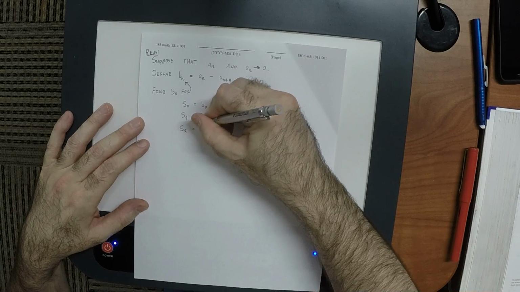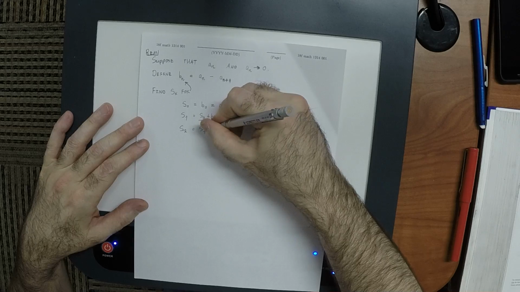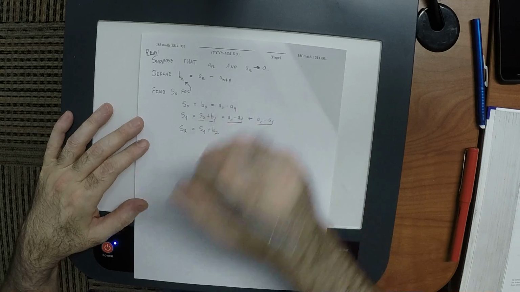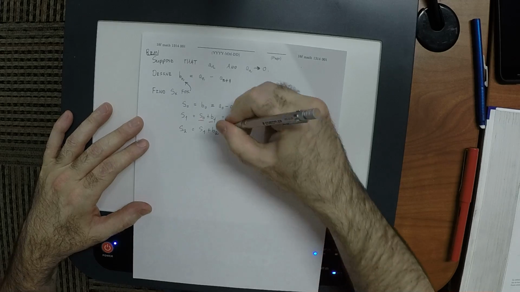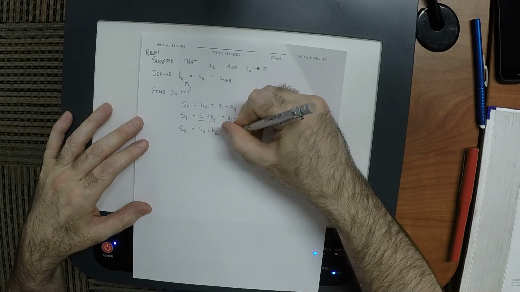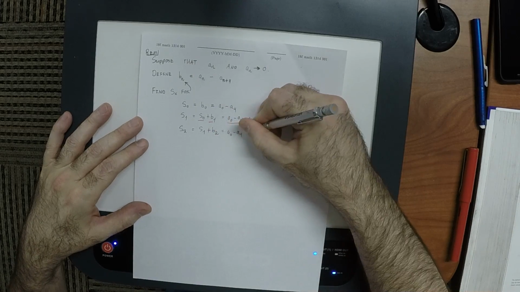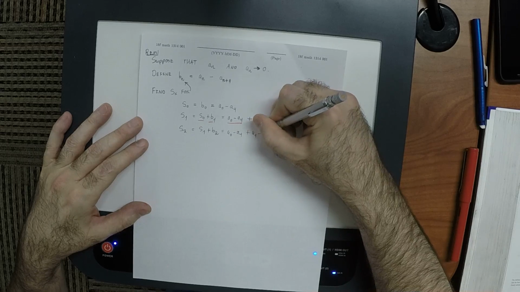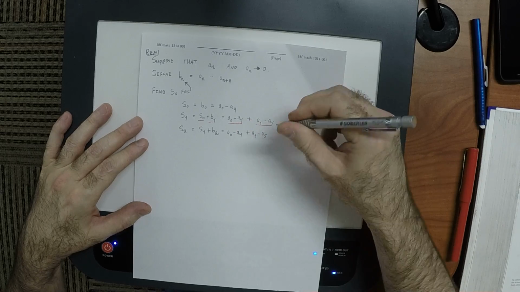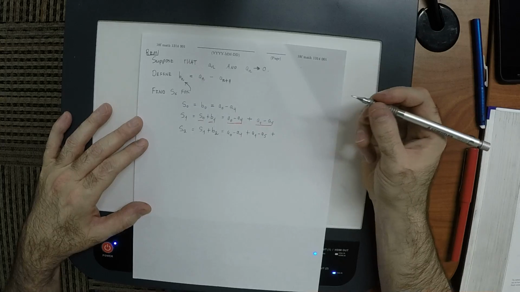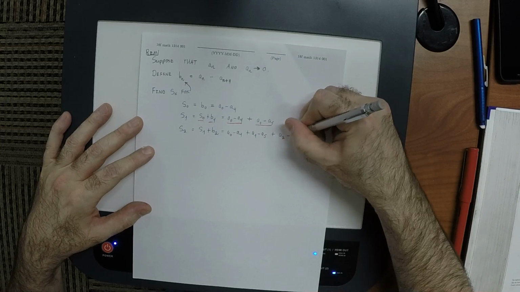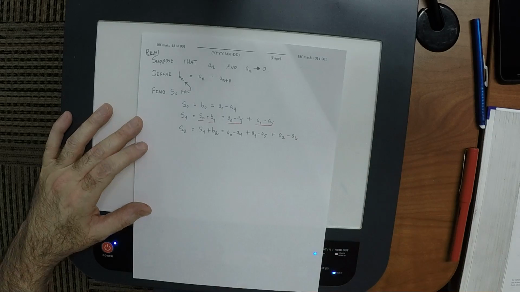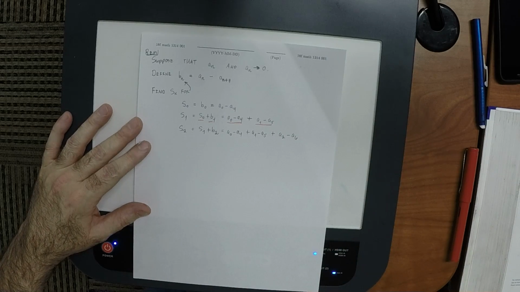So this would be S2, that would be S1, and then plus B2, right? S1 plus B2. So that would be A0 minus A4 plus A1 minus A5, and then plus what? Right, plus A2 minus A6. Okay.